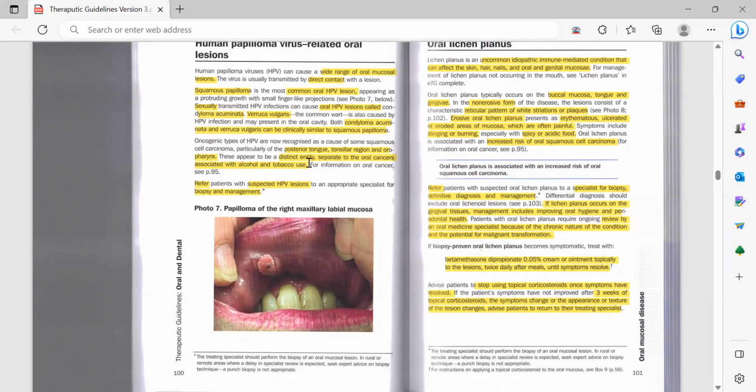So generally, we read in a few pages back that the risk factors for oral cancer or oral squamous cell carcinoma are alcohol and tobacco use.